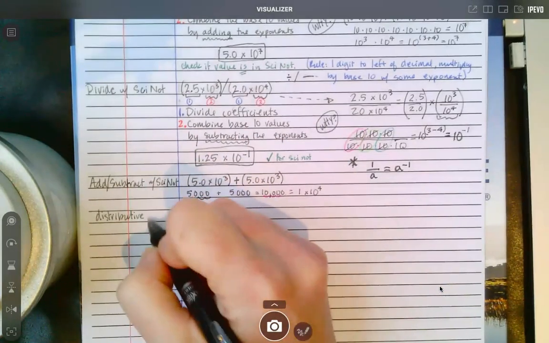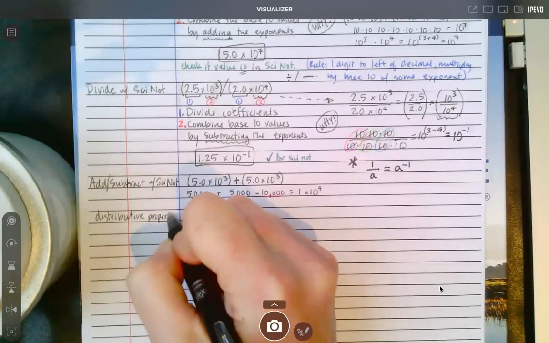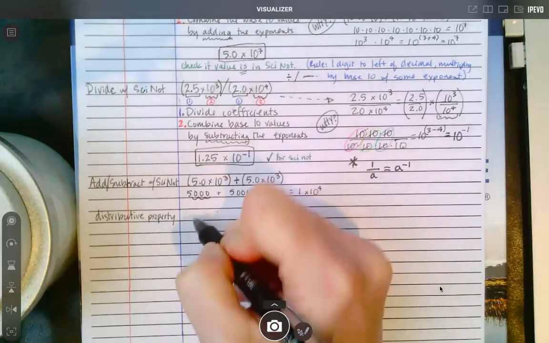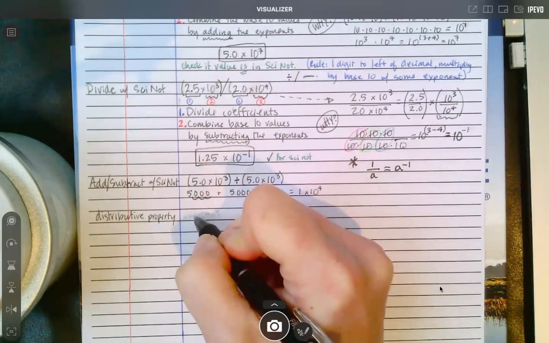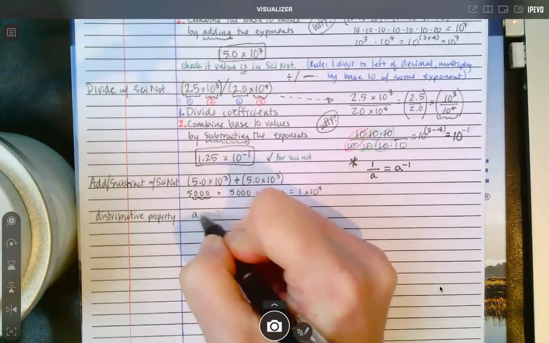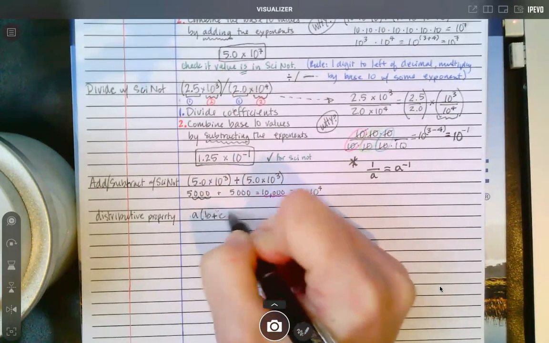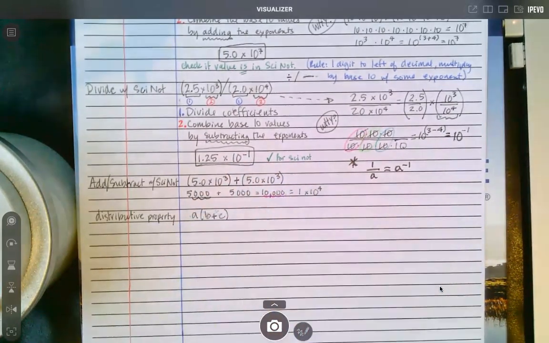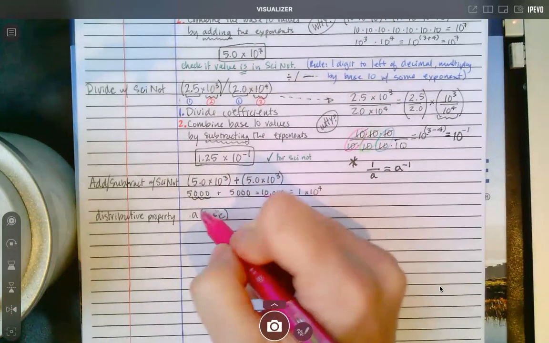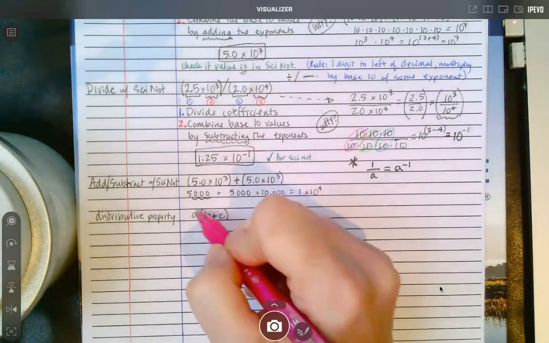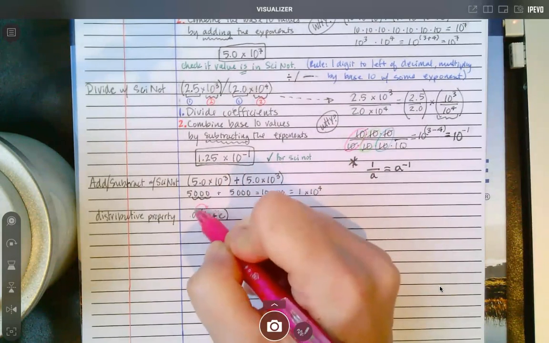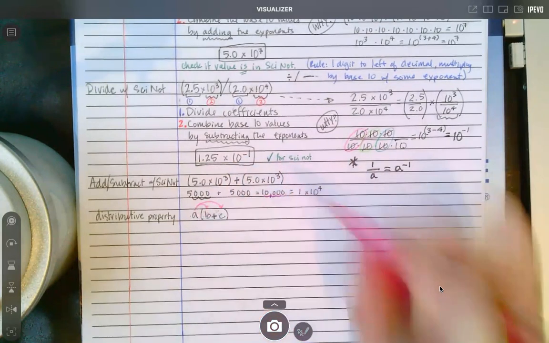and that's what I was talking about, the distributive property, which is much like the commutative property. When I have a value, A times B plus C, this means it's multiplied by this value, and that we're multiplying those two values together.